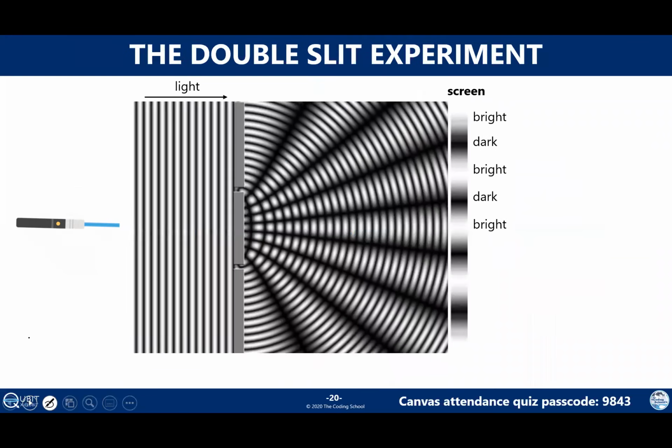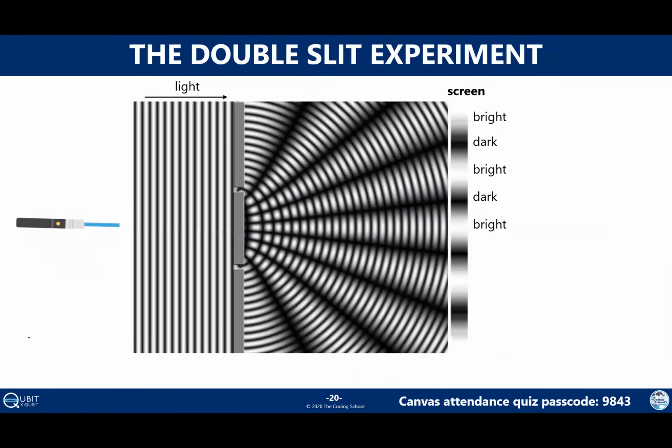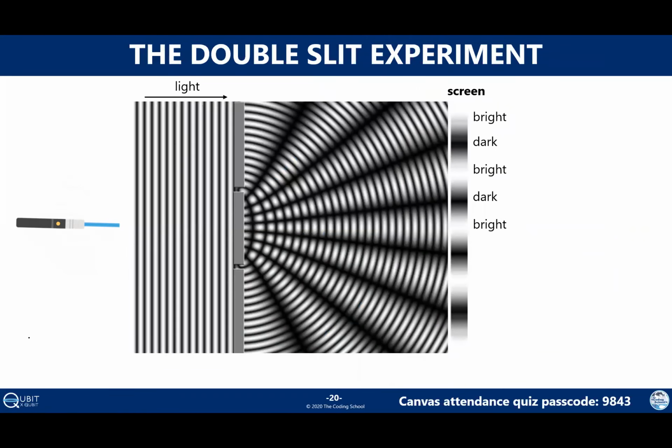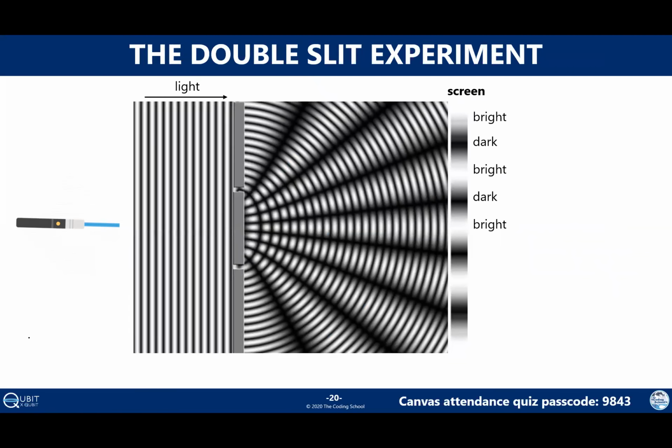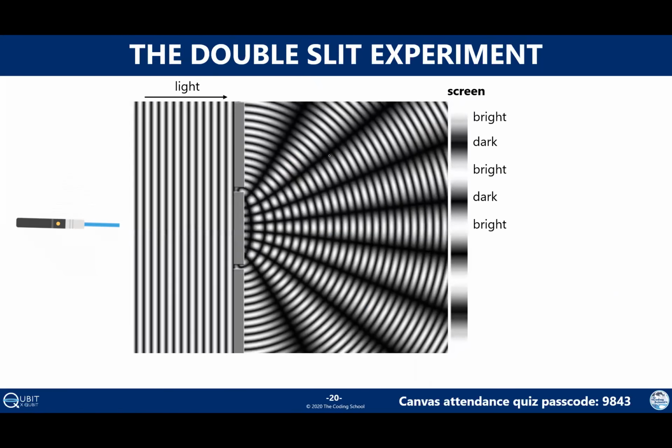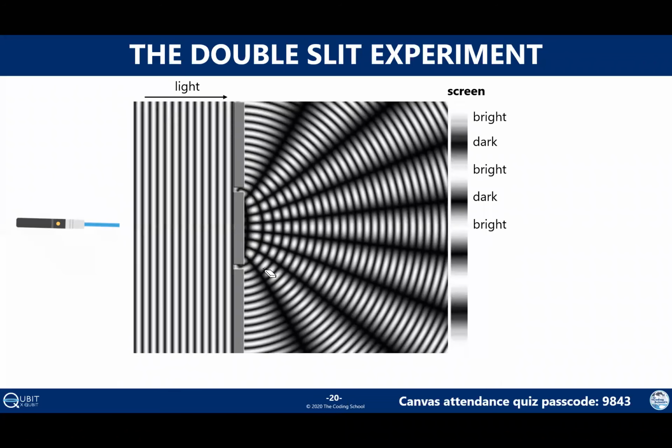So here's a quick animation just to show what's going on here. Again, all of the light sections are meant to be crests of waves. All of the dark sections are troughs. But here, instead of showing the individual wave patterns coming out of each slit in the double slit, we are just showing what the combination looks like.